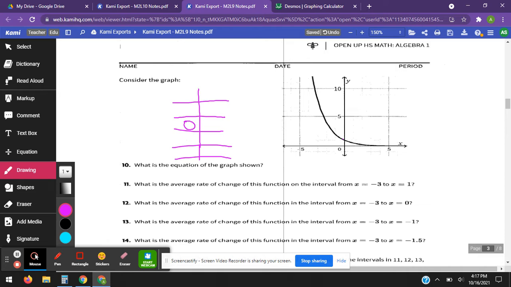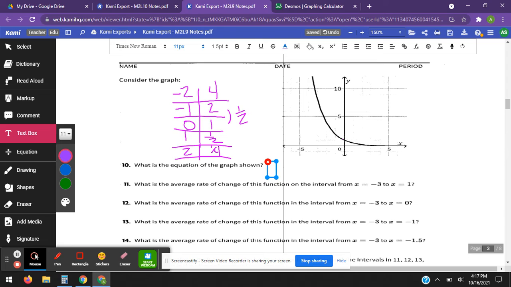At -1, I'm at 2, at -2, I'm at 4. So it looks like I would be at half here and 1/4 here. So seeing that I am multiplying by 1/2, I think my function would be f of x equals 1/2 to the x power.